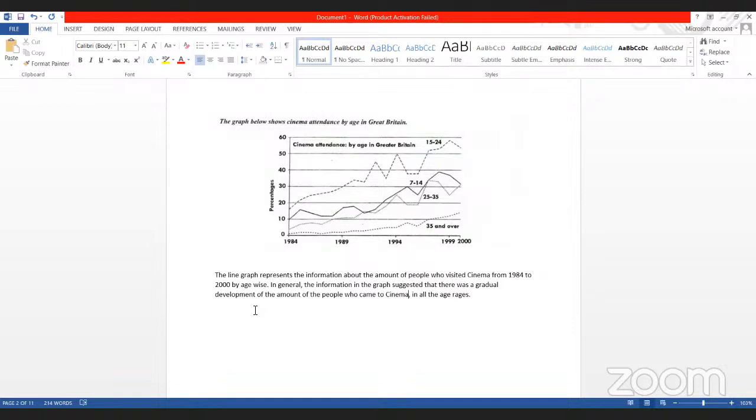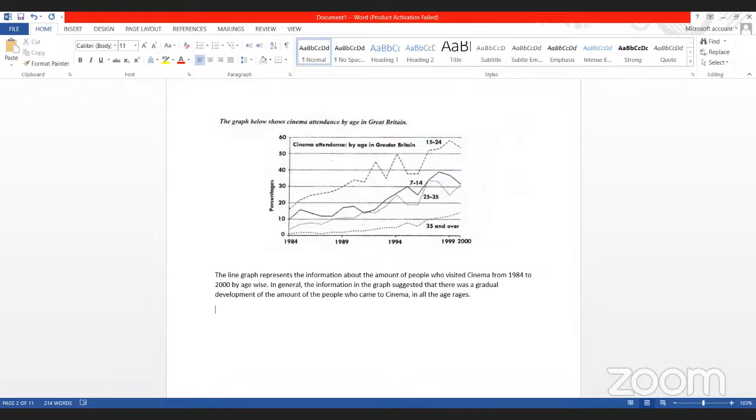In general, now we are coming to past. The information in the graph suggests that there was a gradual development of the amount of people who came to cinema in all age ranges. Right. Now we are coming to each and specific details.